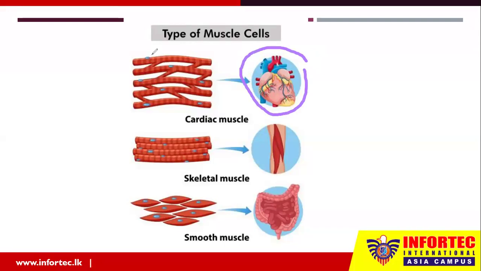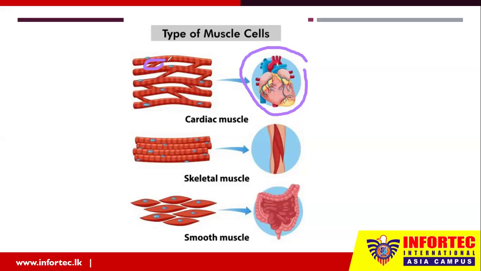As you can see, there are striations and the cells are branched and connected via intercalated discs. The function of these intercalated discs is synchronizing the contractions. Muscle contraction is synchronized by these intercalated discs.